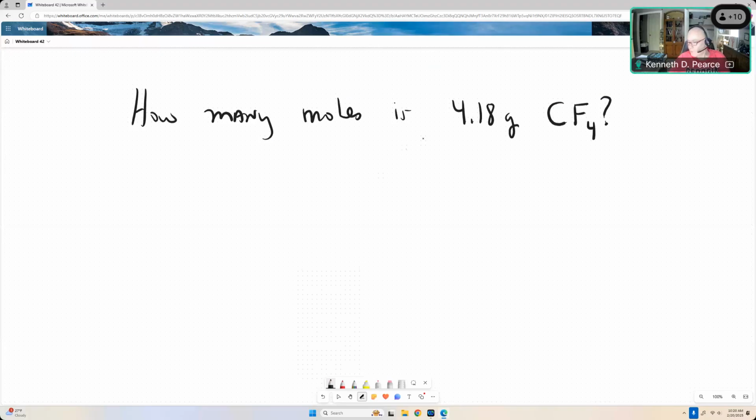I've got an answer. May I ask, did you get 88 grams of CF4 for a mole of CF4? Let's see. Yep, sure did. I got 88 grams per mole for CF4, carbon tetrafluoride.